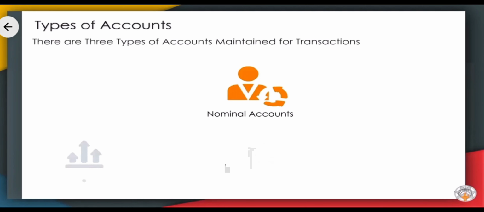Example 2. On 6th June 2017, goods purchased of Rs 3,500 and paid by cash. Here, two accounts are affected. First is purchase account and second is cash account. Always remember, there is nothing like goods account.